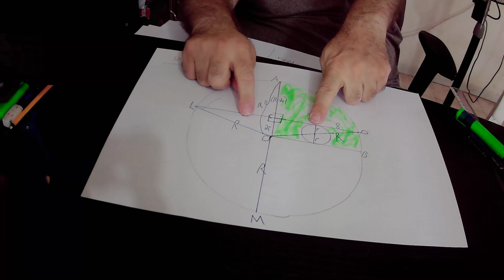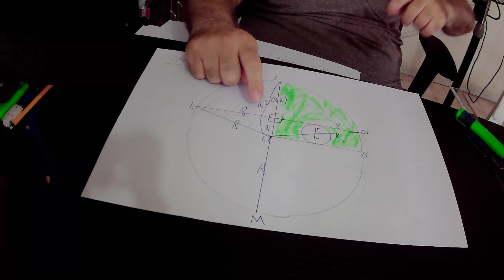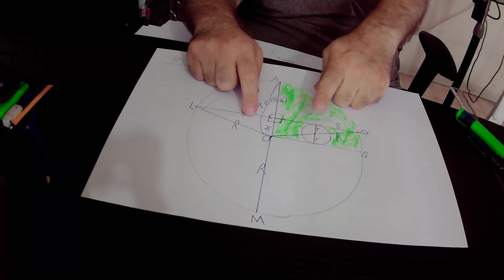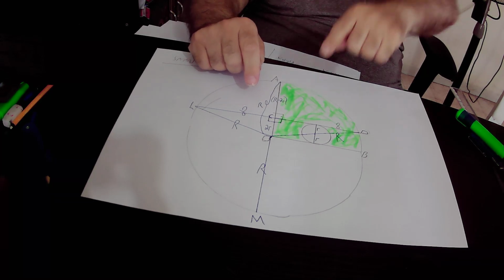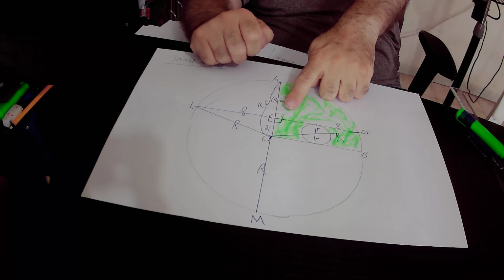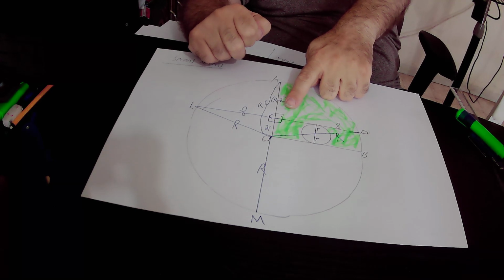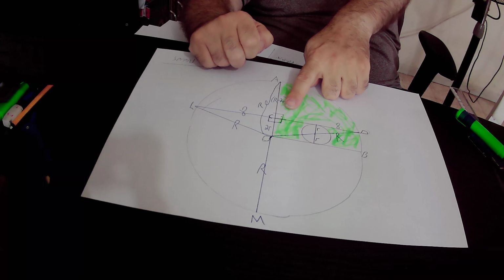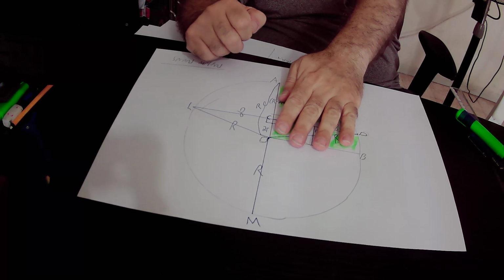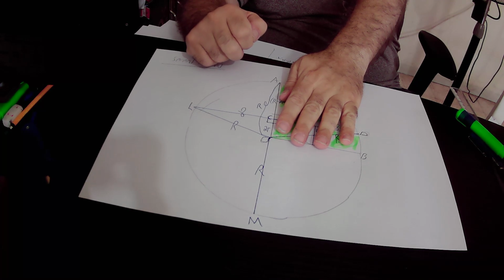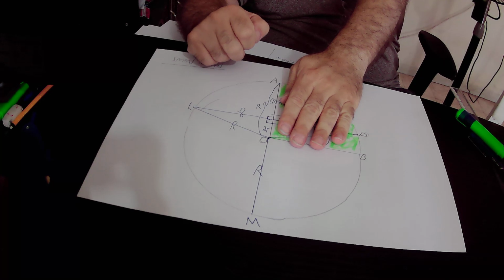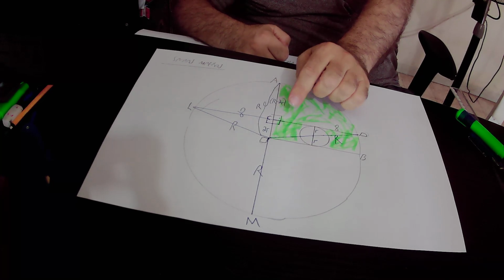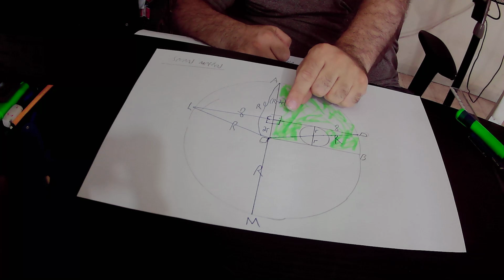Then we proved that those two triangles are right triangles. Why are those two triangles right triangles? Because it is given that this angle ACD equals 90 degrees. AO is the radius of the quarter circle, it is absolutely a straight line. So if we focus on this side of the straight line AO at point C, the sum of the angles must be equal to 180 degrees.